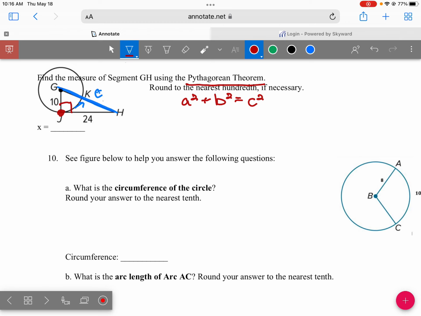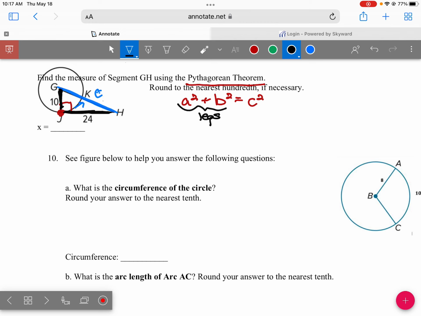If it's not, and if you don't do well with it, you might want to find a problem from the review and write that in. So A and B are the legs. They make up the L.